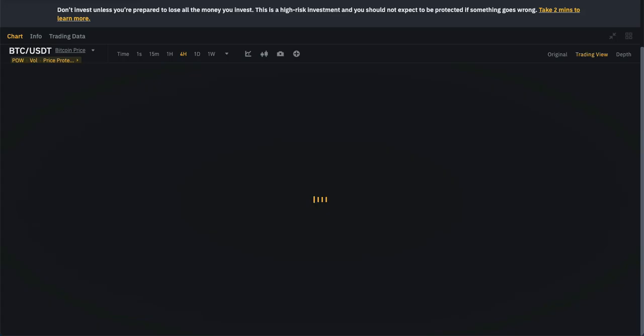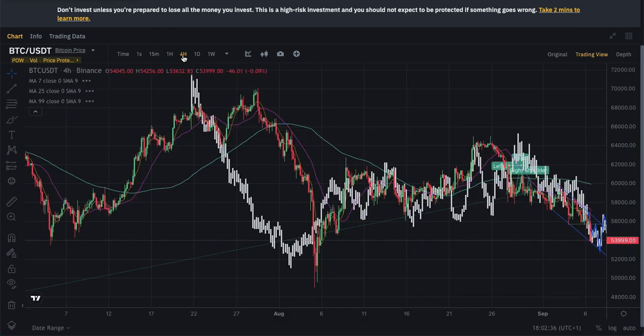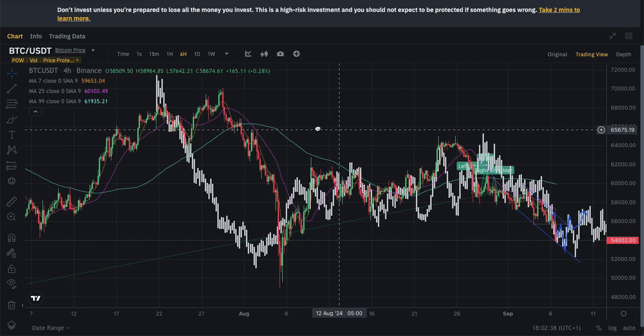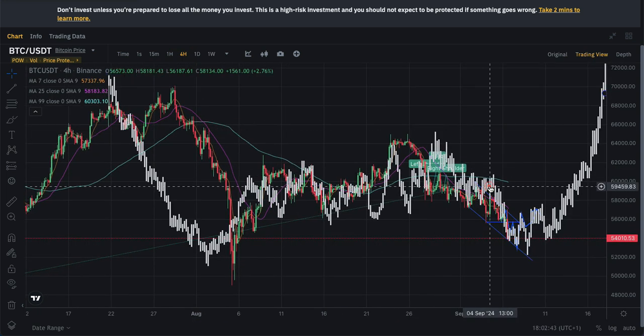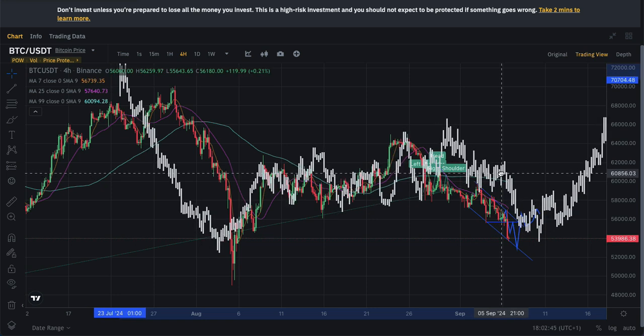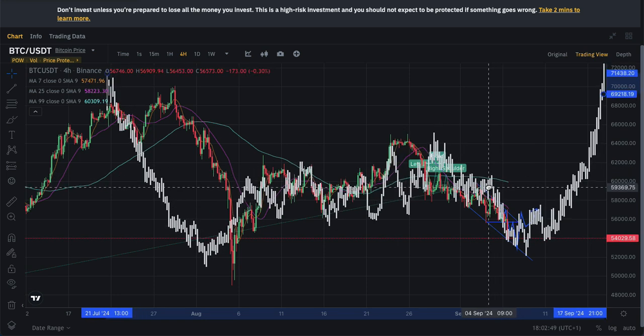It touched 53,000 again. Of course, you can clearly see here it dropped. Is the bottom in?